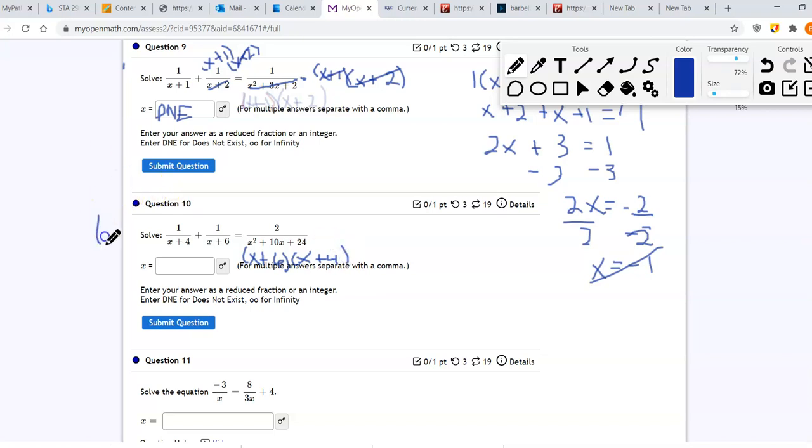So let's multiply the first fraction times this right here, and then I'll multiply the second fraction times x plus 6, x plus 4, and then I'll multiply the third fraction by x plus 6, x plus 4.